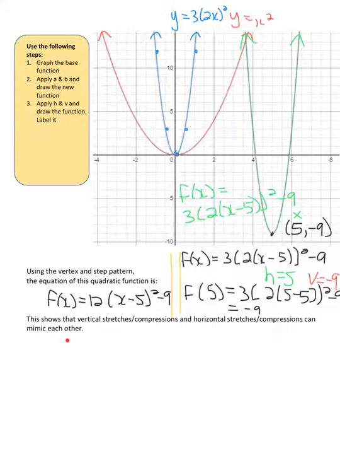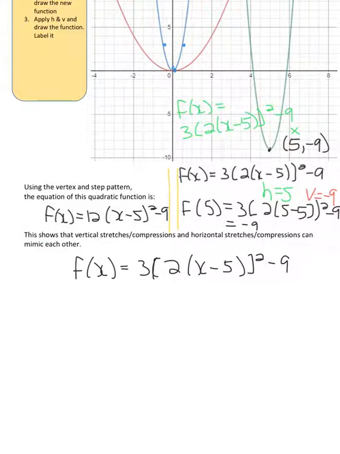And this really is showing us that vertical stretches and compressions and horizontal stretches and compressions can mimic each other. They can imitate each other. So the final thing I'm going to do is just algebraically prove how that is possible. So remember, inside my bracket of lies, which is 2x minus 5, that whole big bracket is being squared.